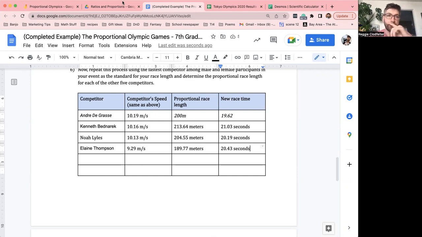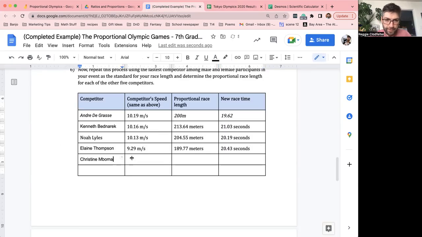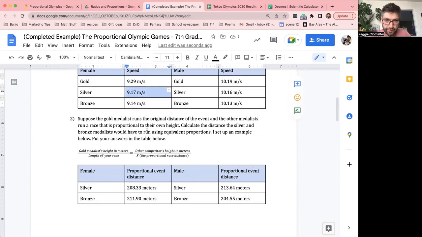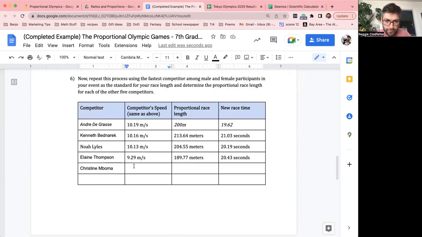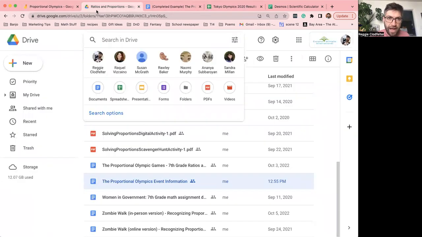Now I'm going to do that same exact process for the silver and bronze medalist in the female division. So I'll take Christine. I'm going to get Christine's speed from question 1 there, and I'm going to go back to here. Now I do the same process, but I put Christine's height in the top right, which is 1.75.